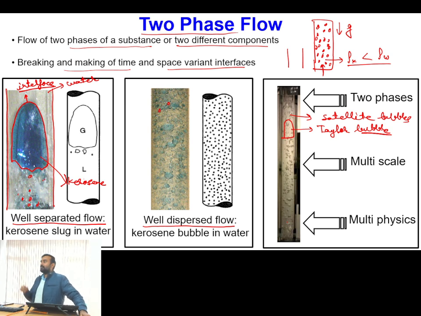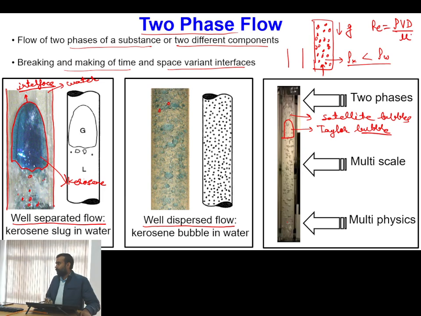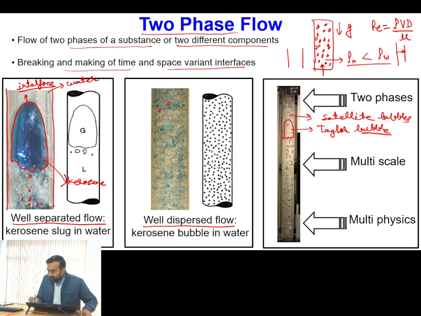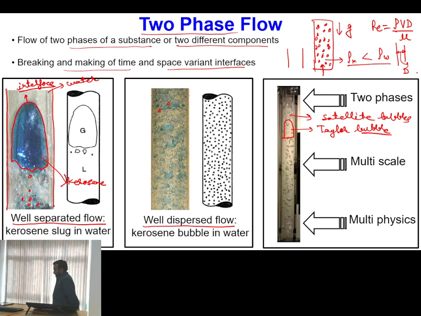We calculate Reynolds number, and as per the definition of the Reynolds number, we have rho Vd by mu, where we consider that the internal diameter of the tube is my characteristic length.